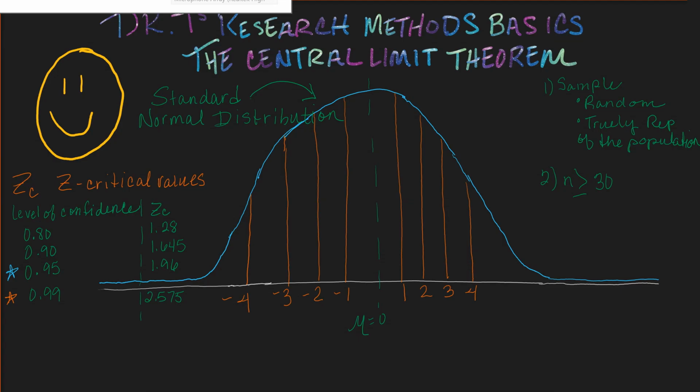All right, so let's see here. If we are 80% sure, I'm going to make this one yellow. If we're 80% sure that, let's say, the sample mean that we've been looking at falls between, we can be 80% sure if our sample mean, let's say our sample mean is right here. We're just going to make something up.